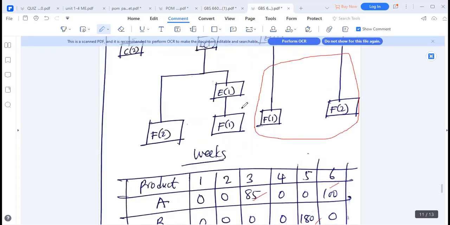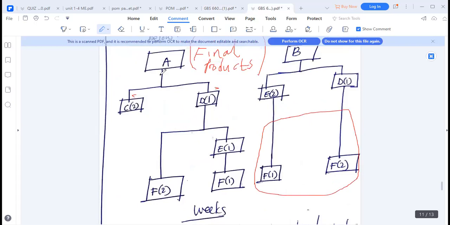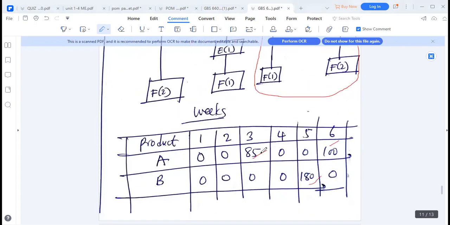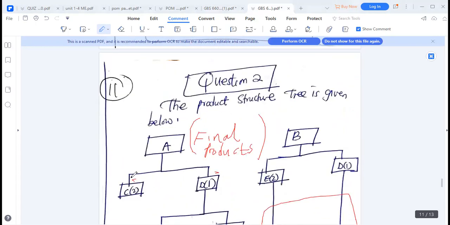Our C is coming from A, so we need to get what is for A, then go to C. For A, we go to C in the same weeks, but multiplied by 2, because there is a quantity of 2 here.